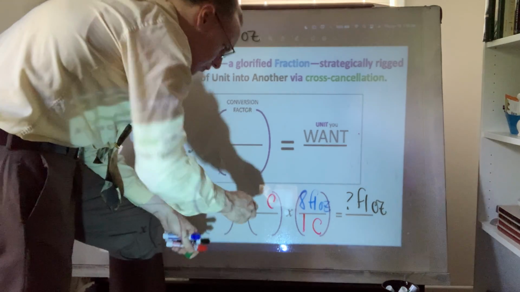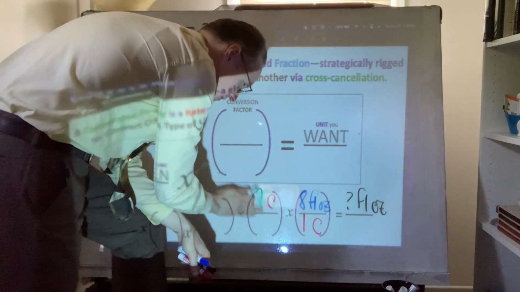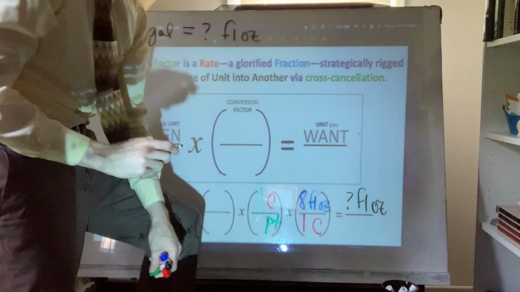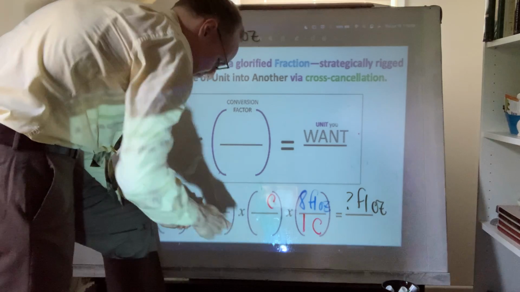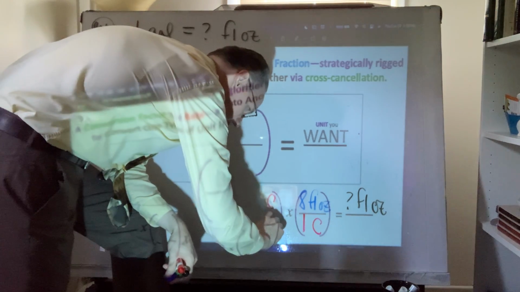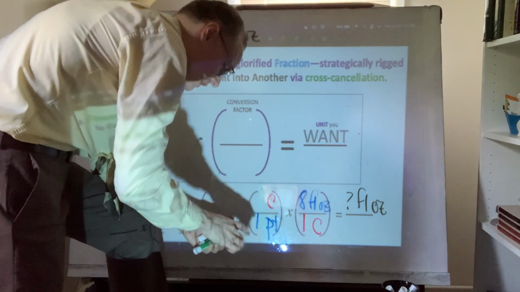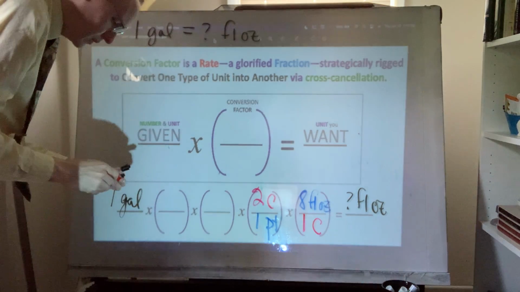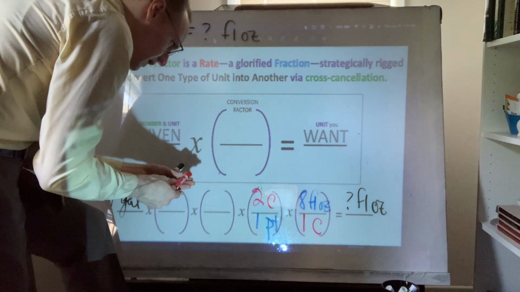Basically, 2 cups is a pint, PT. I don't know if that's faint or not. Looks like it's a little too faint to see, so I'm going to use blue again, reluctantly. A pint, 1 pint is 2 cups. Again, that's still not this unit that we would start with. But let's see.